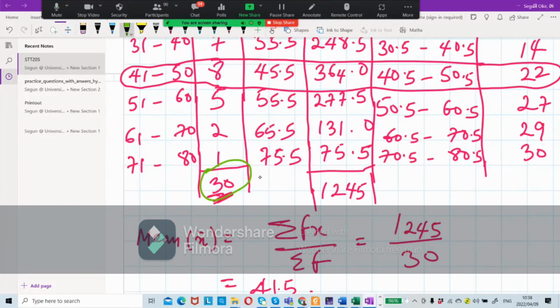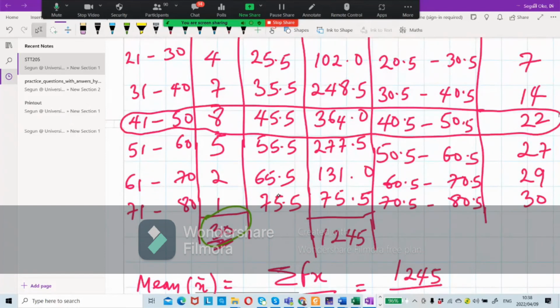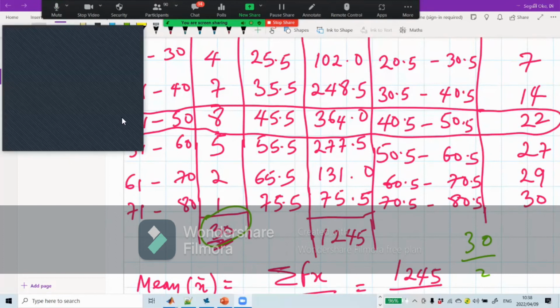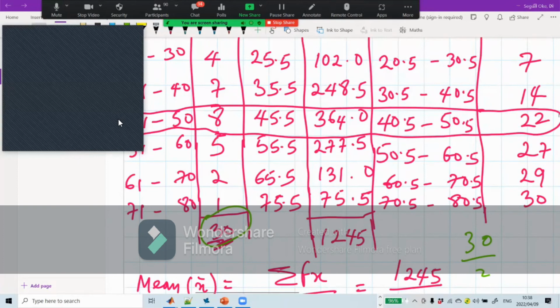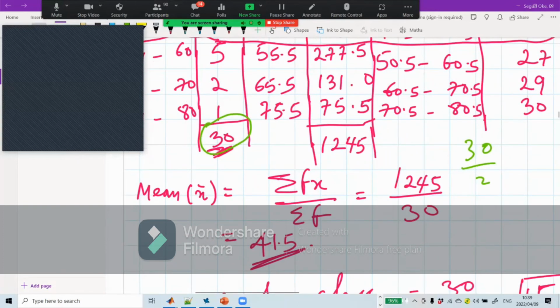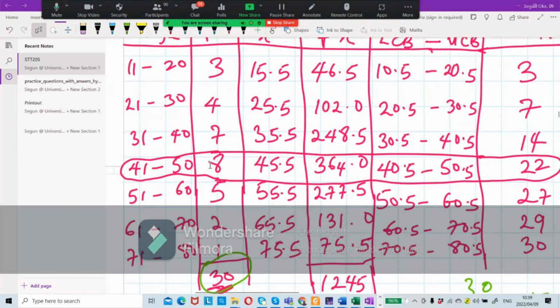So what we need to do is divide the total frequency, which is 30, by 2. What do you have? You have 15. Now that I have 15, how do I get 15? There's no 15 in the frequency, but when I sum it together and find the cumulative frequency, I will get something related to 15.